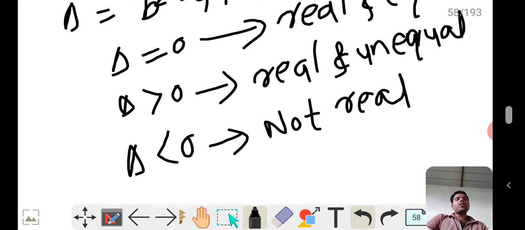So this is about how to determine the natures of roots of quadratic equation. To determine the natures of roots of quadratic equation, we have to just calculate the value of b square minus 4ac, that is the value of discriminant, or we can say the value of delta.